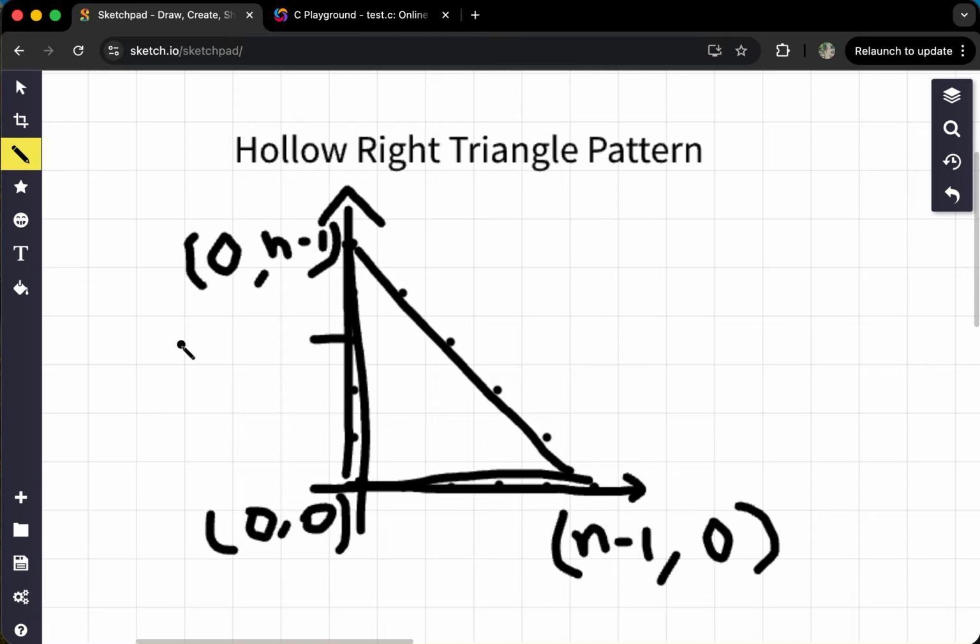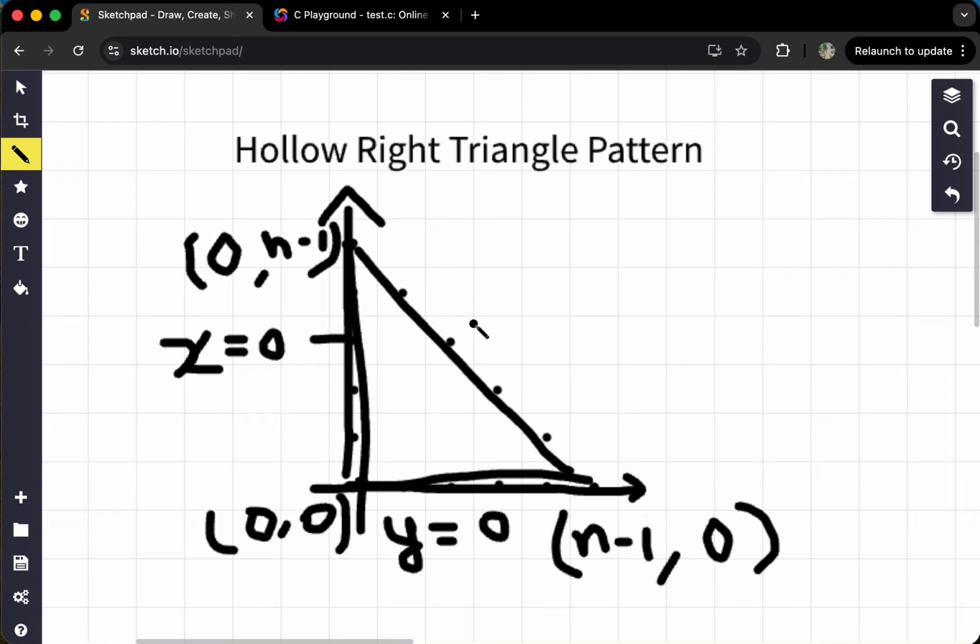So we can represent this line as x equal to 0. Now coming to the next line, similarly this line has y coordinate equal to 0 in all the points. So we can represent this line as y equal to 0.